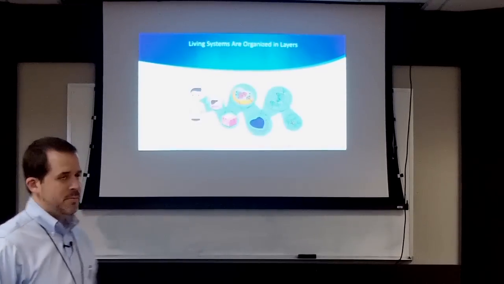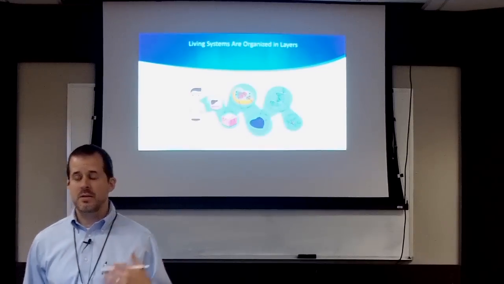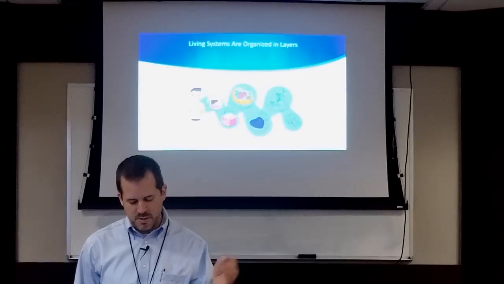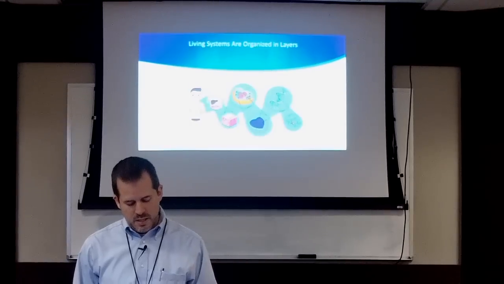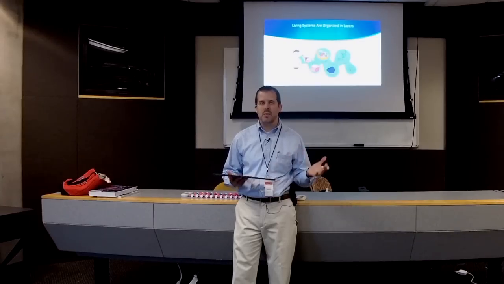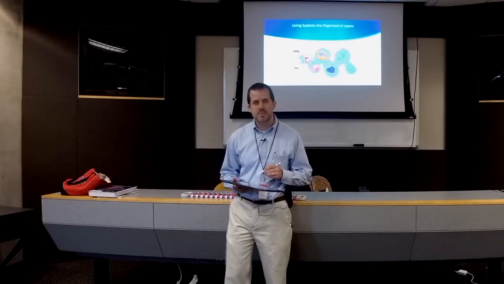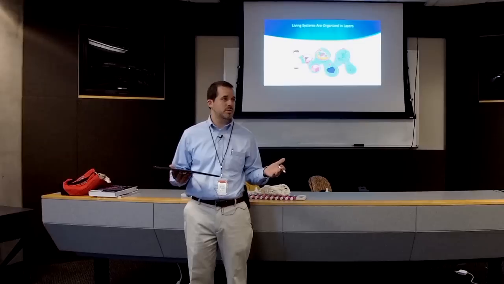So living systems are organized in layers. I talked about this the other day in our biochemical basis lecture, and I'll talk about it some tomorrow as well. The idea is that as humans, we've got organ systems, which are made up of a series of organs, which are made up of tissues, which are made up of cells, which are made up of organelles, which are made up of biomolecules.